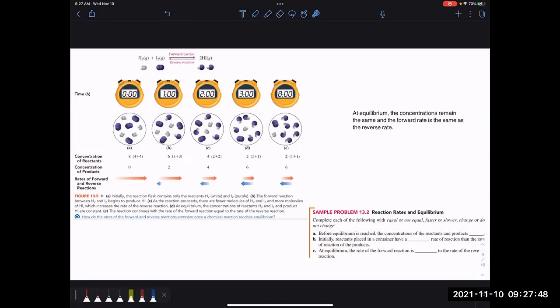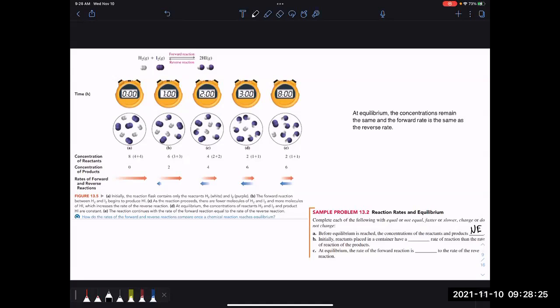So before equilibrium is reached, the concentration of the reactants and products, is it equal, not equal? I guess this would be equal or not equal, not faster or slower. There's no room for me to write. So that would be not equal. And then initially, reactants placed in a container have a blank rate of reaction, then the reaction of the products.